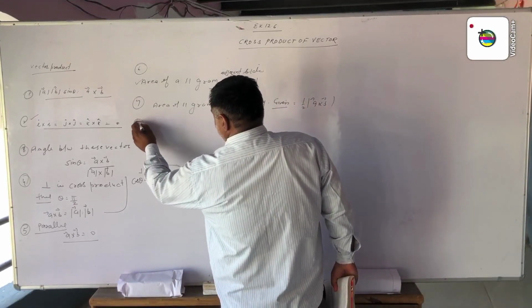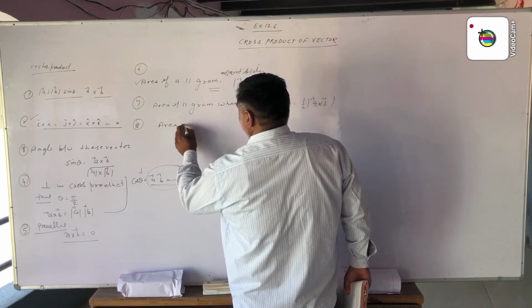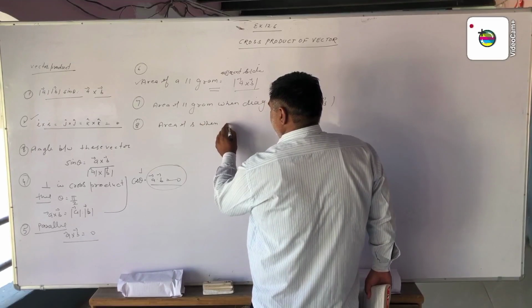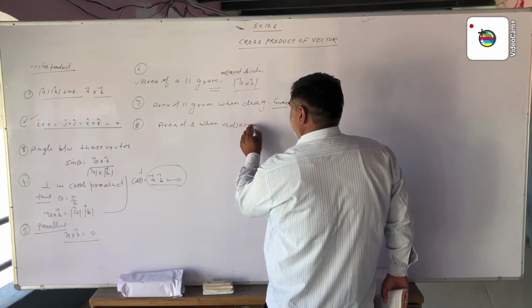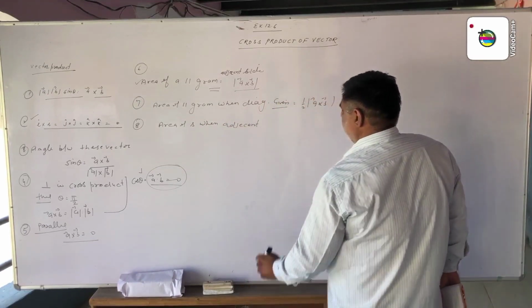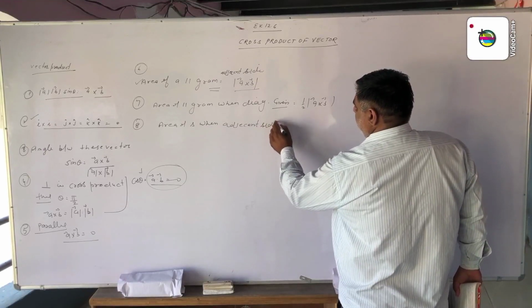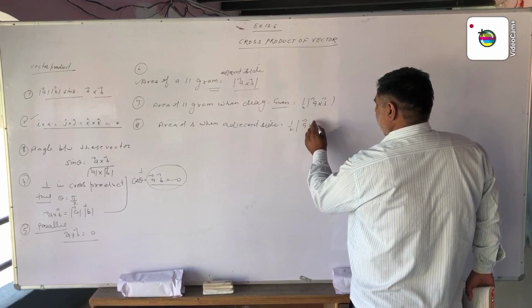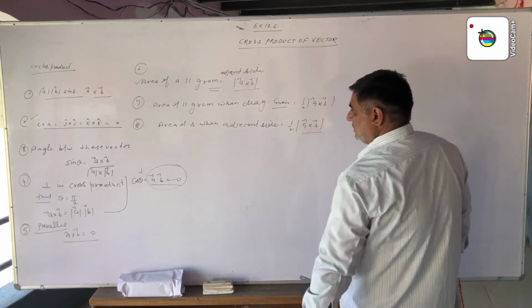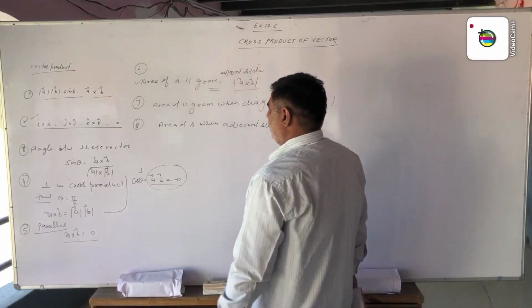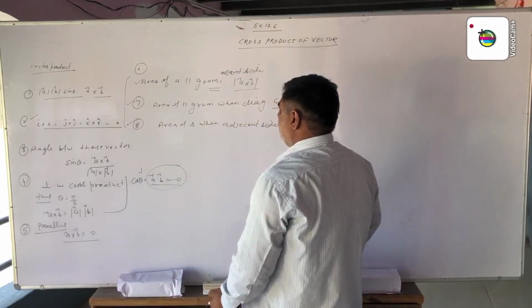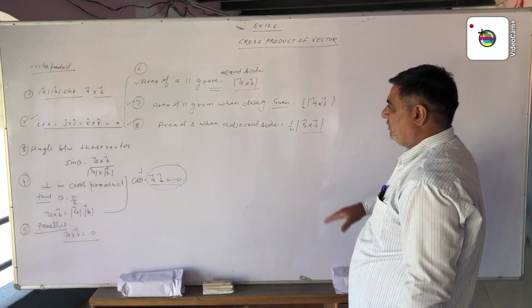Next condition is the area of a triangle when adjacent sides are given, which is 1 by 2 the magnitude of vector A cross vector B. These are the 3 most important formulae from the board exam point of view, and questions are asked about these 3 formulas.